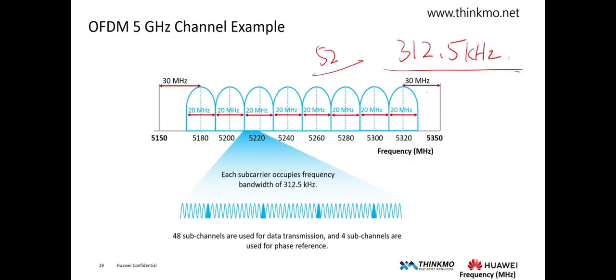Among these 52 subcarriers, 48 are used for data transmission, and 4 subcarriers are used for phase reference, meaning they do not carry data. These are primarily used for phase synchronization to ensure the stability and accuracy of data transmission.